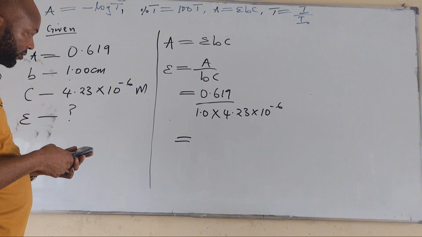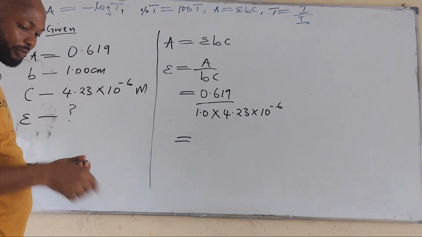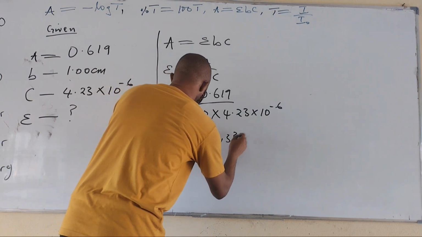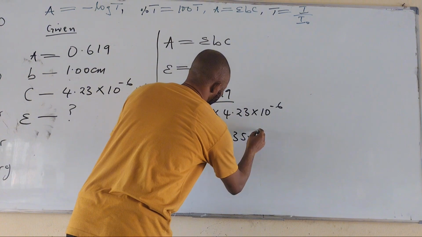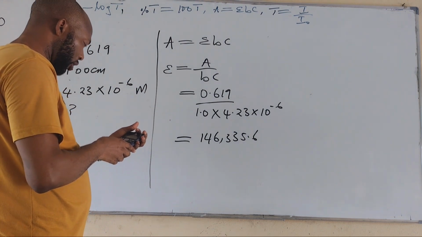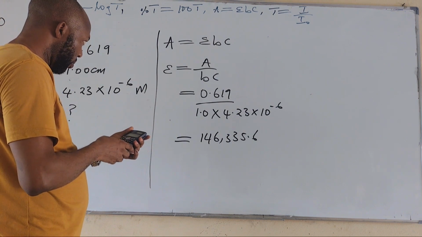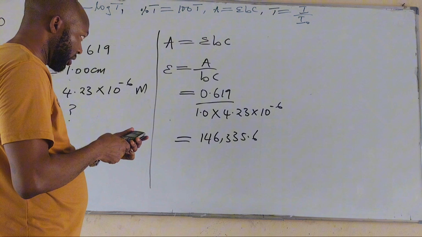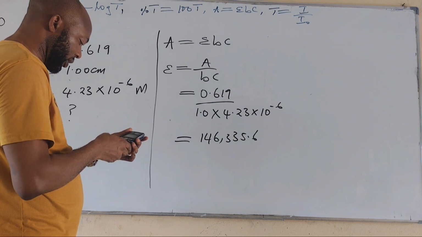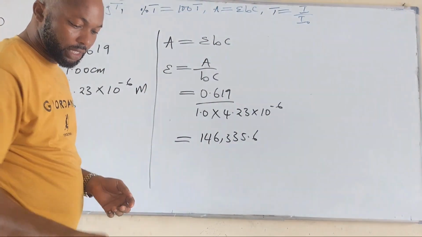Whoa, that's big. 146,335.6. Let me check that again. 0.619 divided by 4.23 times 10 raised to the power of minus 6. 146,335.6. Okay, that's correct. That's our epsilon.